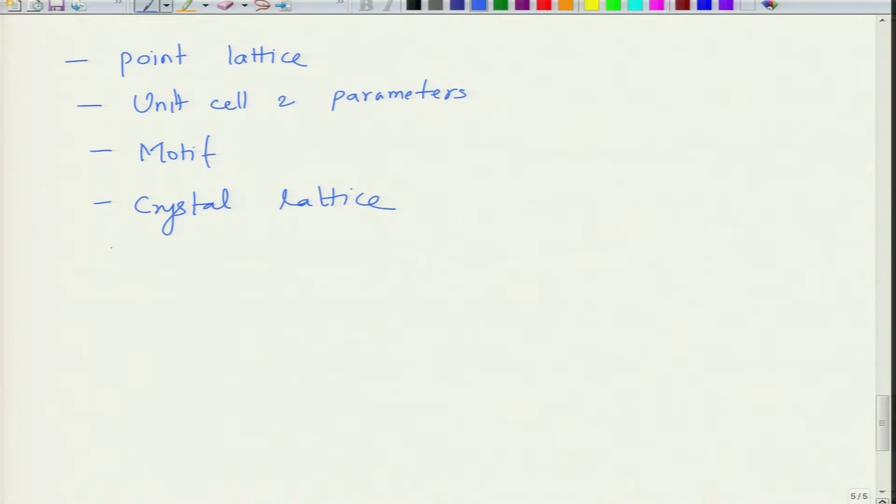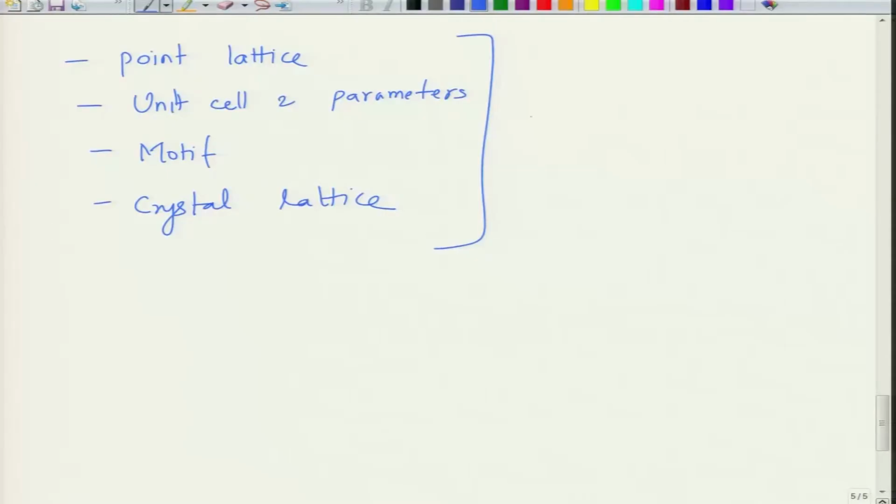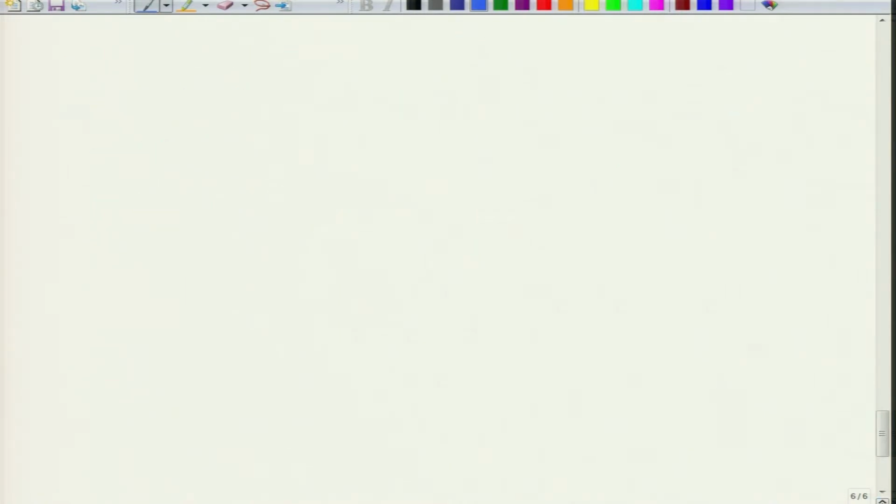Now, to distinguish between various shapes and possibilities, based on symmetry arguments, people have evolved what we call crystal systems. Because we have multiple choices of unit cell, in a logical fashion, so as not to have millions of choices, we have defined a framework which is called the crystal system.